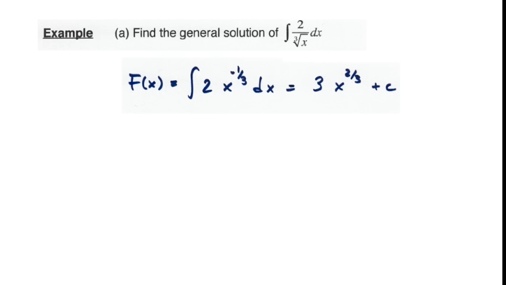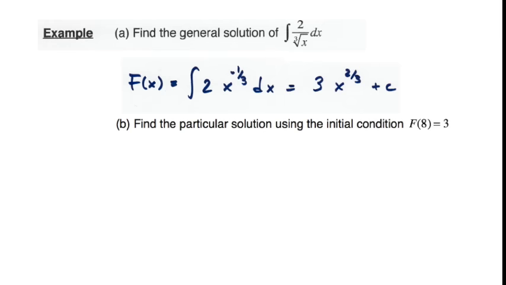Another example here: find the general solution of the integral of 2 over cube root x dx. I'm going to write this as 2 times x to the power of negative 1/3. You can either guess or apply the formula, and you'll find 3 times x to the power of 2/3 plus c. Now, we can find the particular solution using the initial condition f of 8 equals 3.